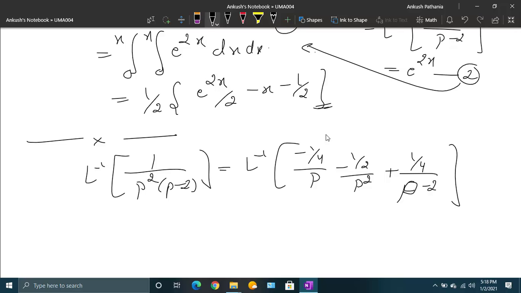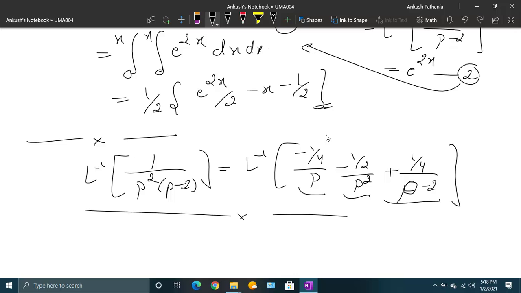So clearly you can also use partial fractions. You have to work a little bit to make the partial fractions, but then you can easily take their inverses. The results are going to be the same. They will not vary.